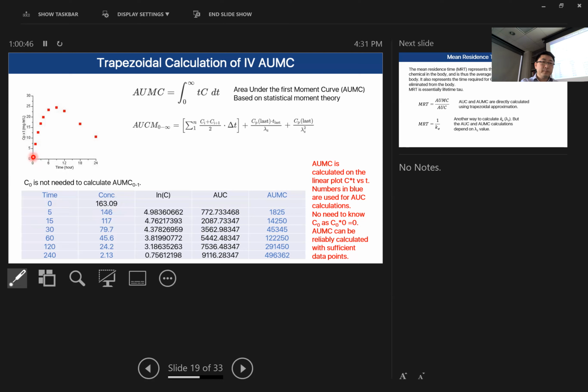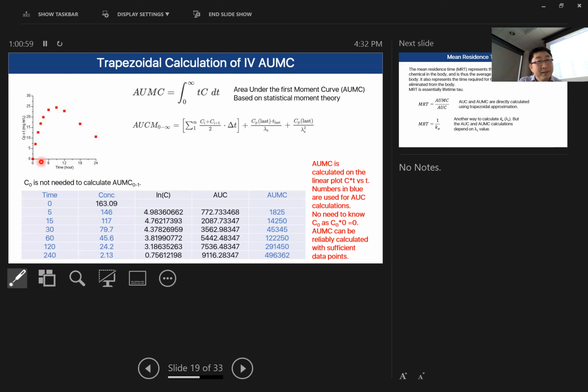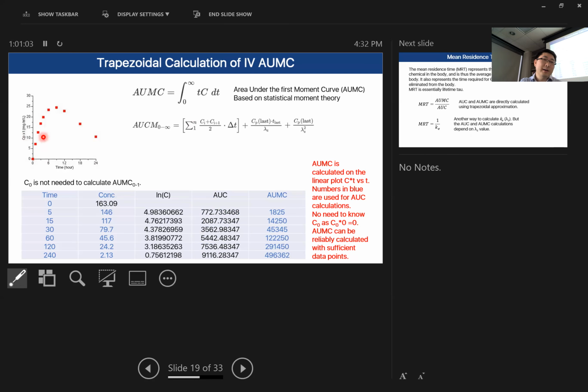So this is 0, right? The first one is a triangle. Later you do the trapezoidal approximation, and you can calculate the area. So the bottom line here is that for the AUC, you can manually calculate, and for the AUMC, you can also manually calculate.